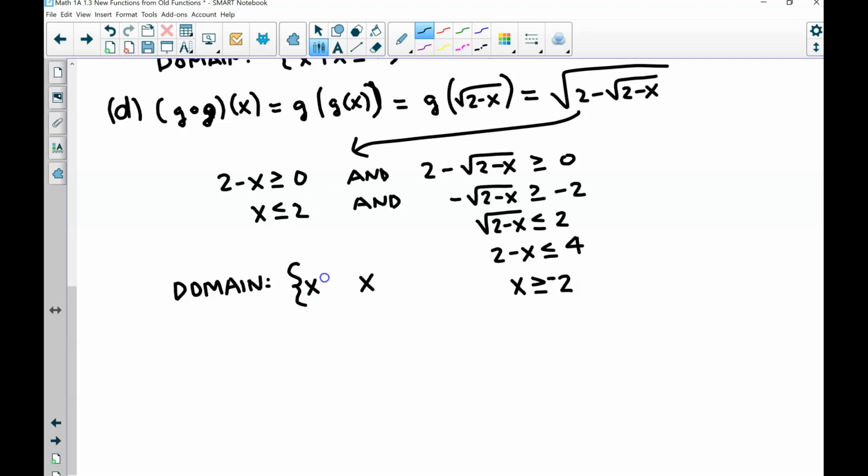We would say x such that x is greater than or equal to negative 2, meaning that the arrow is pointing to the smaller number. And then again, x is going to be less than or equal to 2. So that would be your set builder notation. And then interval notation would be bracket negative 2 and then 2 with your bracket.